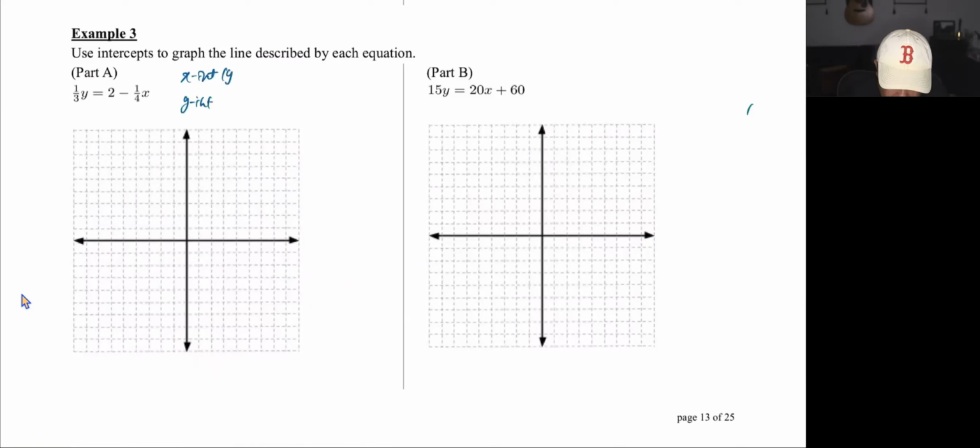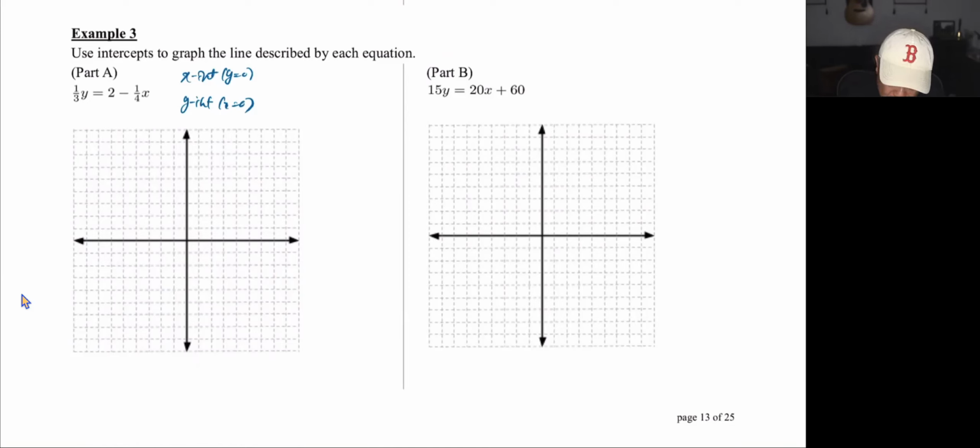I forgot to mention this, but you can pause the video and see if you can match my answers. I'm going to work as silently as possible. If you want to work on your own, just pause the video first.